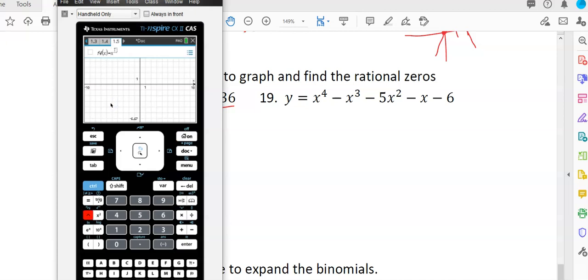X to the fourth minus x to the third minus 5x squared minus x minus 6. Wow, these are just easy, right? Menu 5, 1, and it looks like negative 2 and 3.